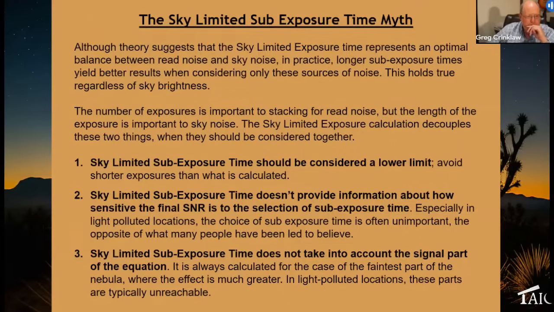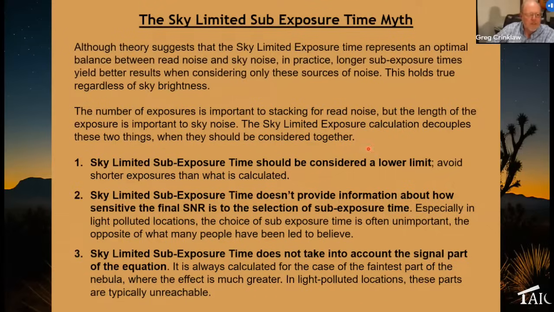The number of exposures is important to stacking for read noise, but the length of the exposure is important for sky noise. And the sky limit exposure calculation essentially decouples these two things. I know it's looking at both, but the way it's calculated decouples them. And that's a mistake.